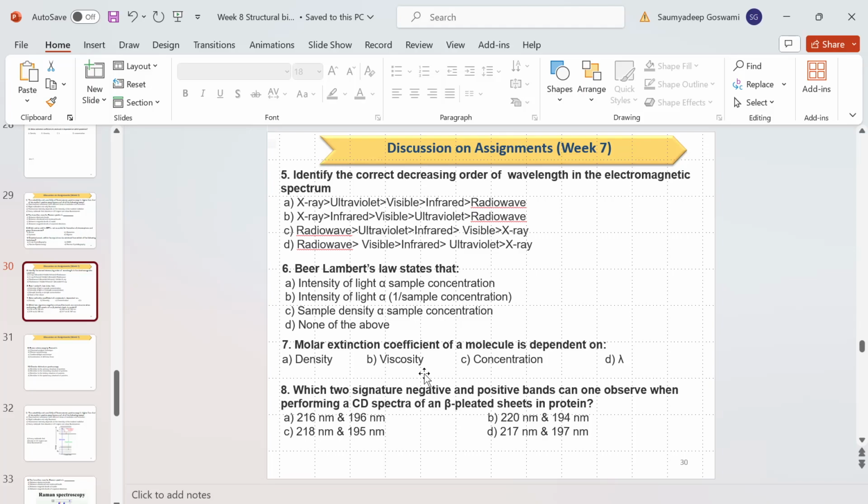Absorbance is not constant. From Beer's law you can tell that absorbance is directly proportional to concentration and directly proportional to the path length. Why? Because the epsilon value for a particular molecule is constant unless you change the wavelength.